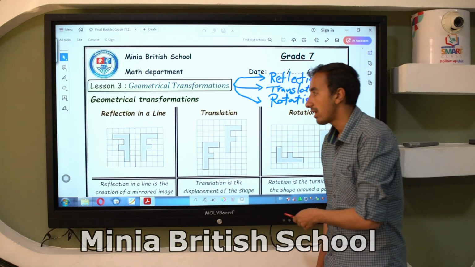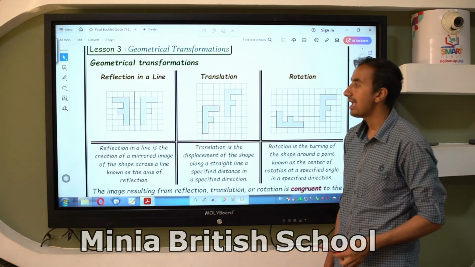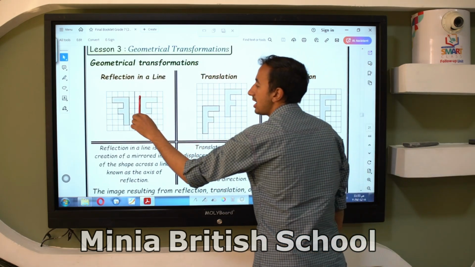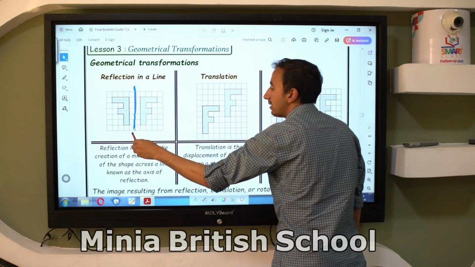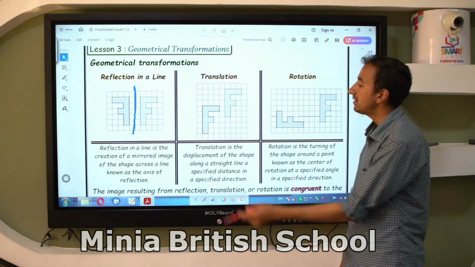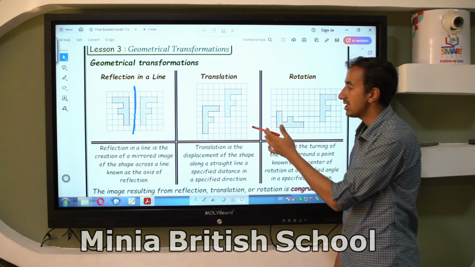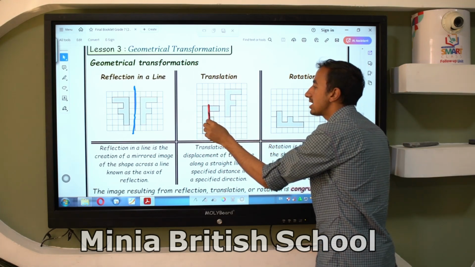We have here reflection. Reflection is the same as a mirror. You can reflect this shape by another shape. We have a line of symmetry between them. It's called the reflection line. But here, translation: this shape moves in the same direction.